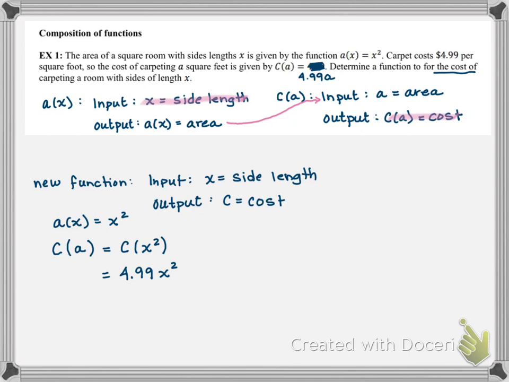So the notation we use for this is C of A of x. So we used A of x, the output of the first function, as the input of our second function. And that's going to be 4.99 x squared. So this is how we build a composite function.